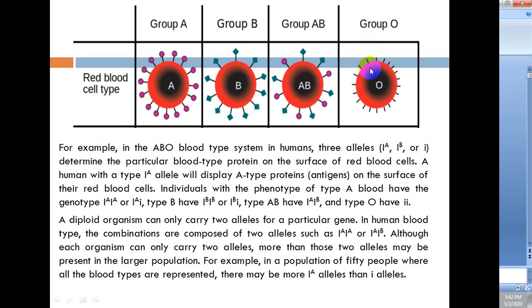So a diploid organism can only carry two alleles for a particular gene, and in human blood type the combinations are composed of two alleles such as AA or AB, or without any of these antigens. So in a population of 50 people where all blood types are present, there may be more I^A allele than small i alleles.